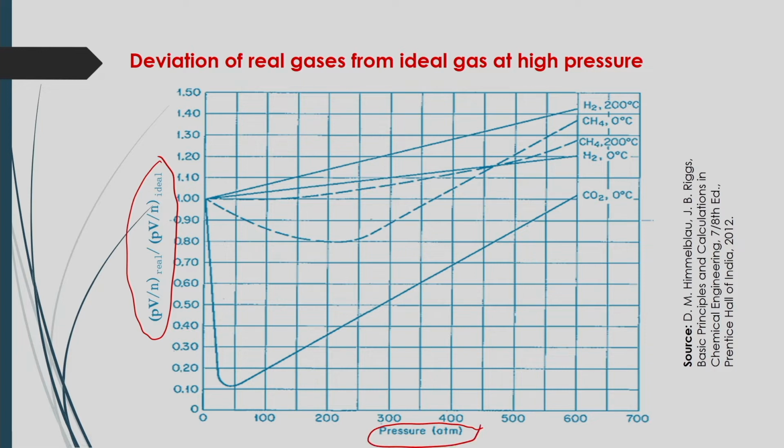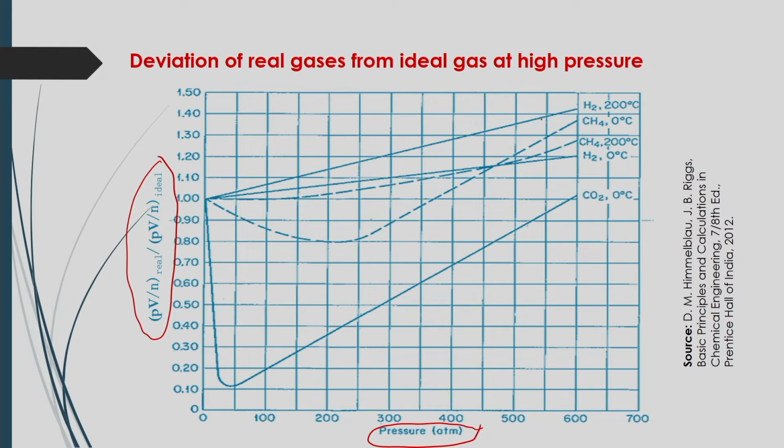So at different pressures, we see how the product of pressure and specific volume changes. At higher pressure, this factor for real gases will be higher than for ideal gases.